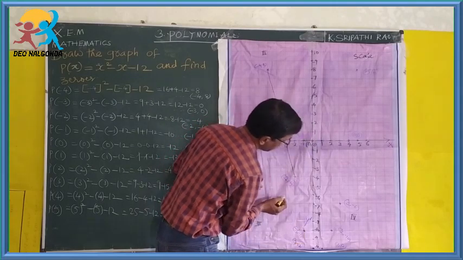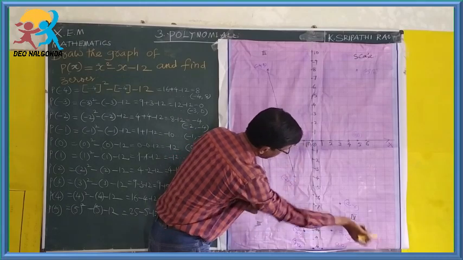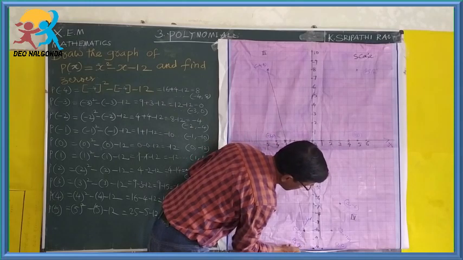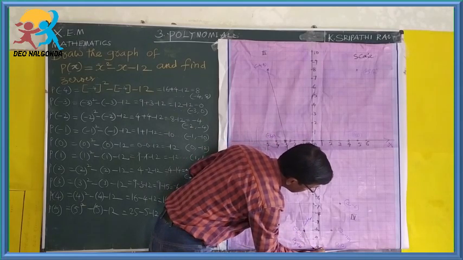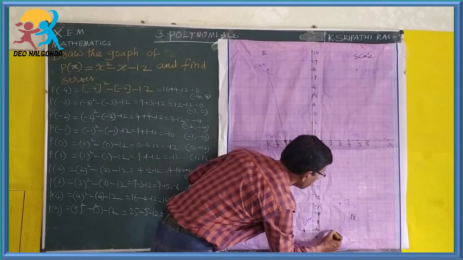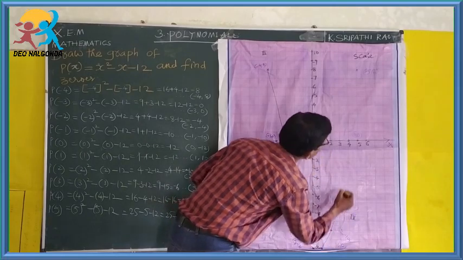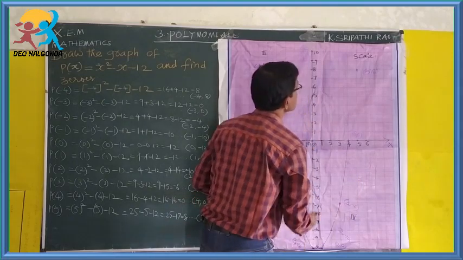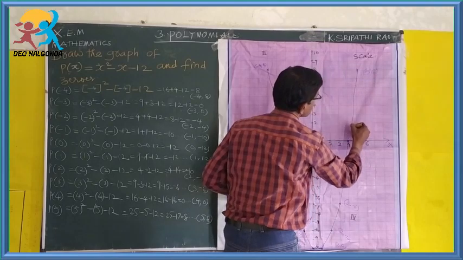Next minus 1 comma minus 10 by using freehand like this. Now next 0 comma minus 12, the point is here. Next point this one, and then move to this point. Now join these 2 points, and 4 comma 0 and 3 comma minus 6. Here 5 comma 8 and 4 comma 0, like this.